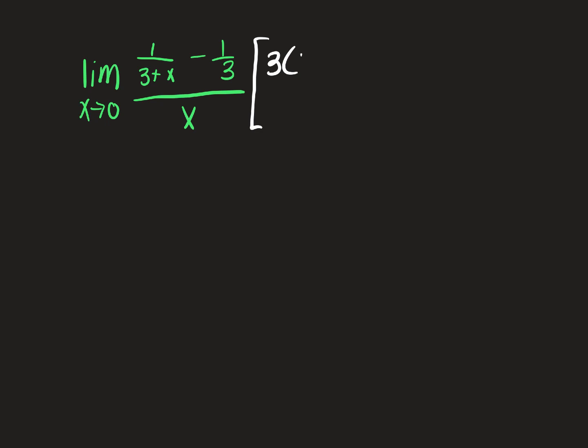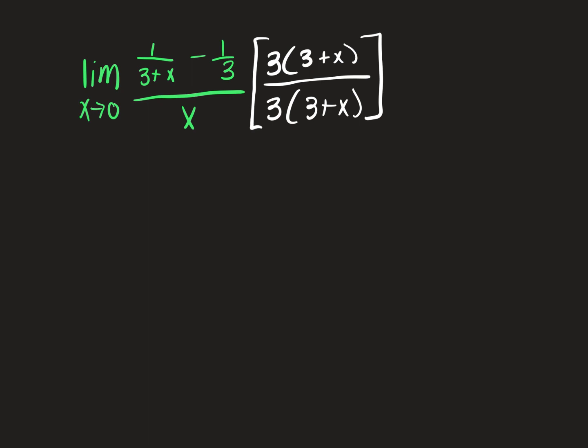So again, we're multiplying by the common denominator, which is 3 times 3 plus x. That's the common denominator of the top. I just yelled conjugate, but that's not the conjugate.